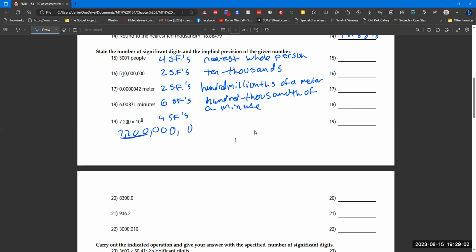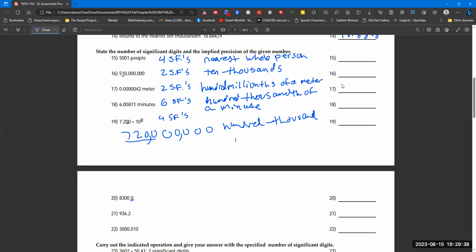Hang on, I put my comma in the wrong place. There's 3, 3, 4, 5. There we go. That's better. And all of this was measured, so it's to the nearest 100,000. That is the implied precision.